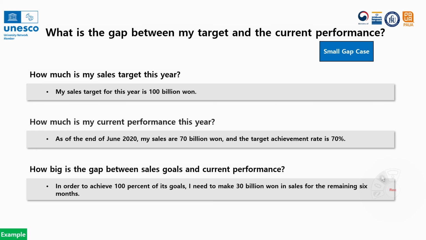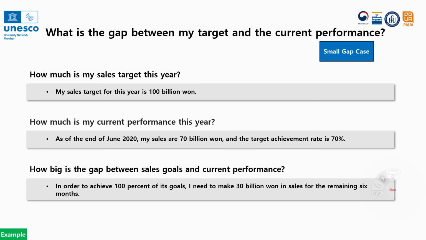But if you look at the current performance of this year, my current sales numbers are 70 billion won as of the end of June 2020. So my performance is higher than the previous case, where my sales numbers are only 30 billion won. So in this small gap case, my performance is great, so the target achievement rate is 70%.